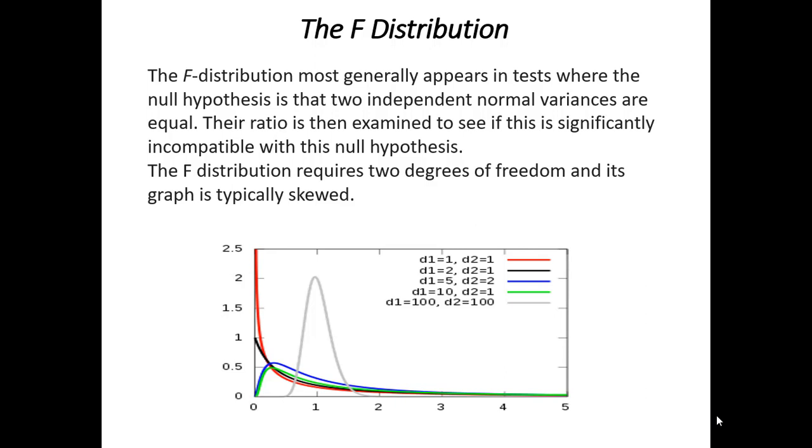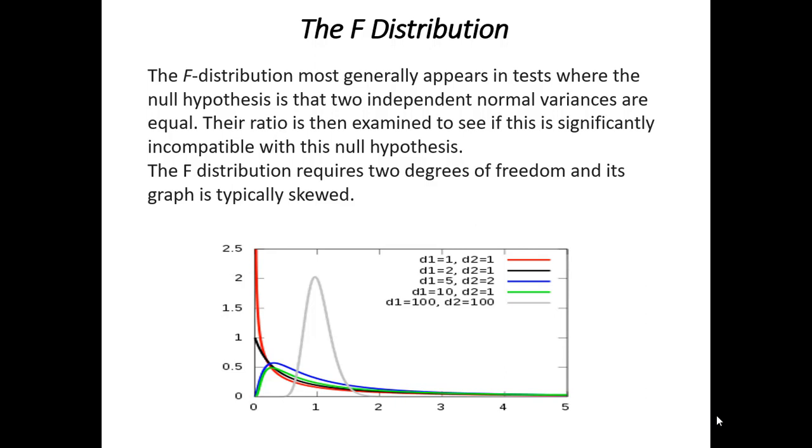Then their ratio is examined to see if this is significantly sort of incompatible with the null hypothesis. Or in other words, if the ratio between the two variances gets very, very large, then we know that the variances are not equal. The closer that ratio is to 1, the more likely it is that we have two equal variances.